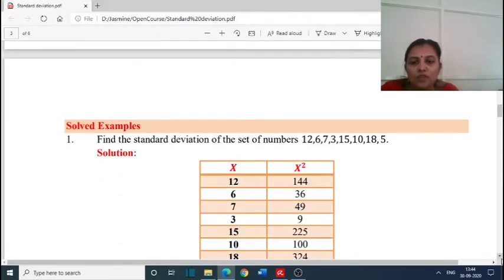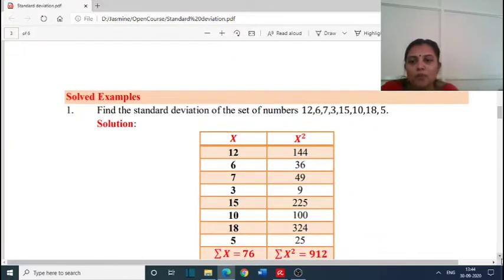Now we can do the problems of standard deviation. The first problem is: find the standard deviation of the set of numbers 12, 6, 7, 3, 15, 10, 18, 5. So we can form a table with x and x square. X is given by the values 12, 6, 7, 3, 15, 10, 18, 5.